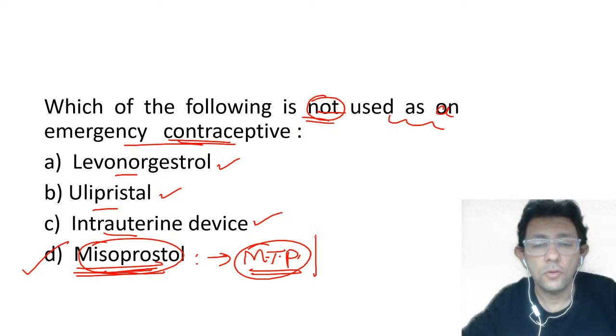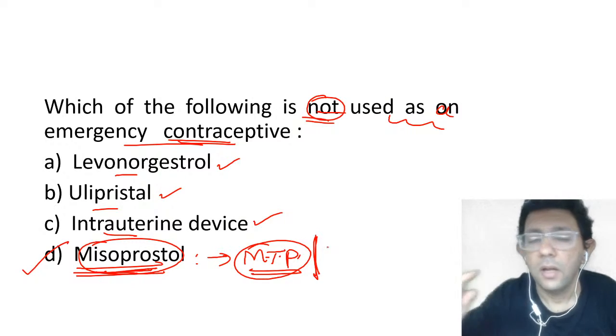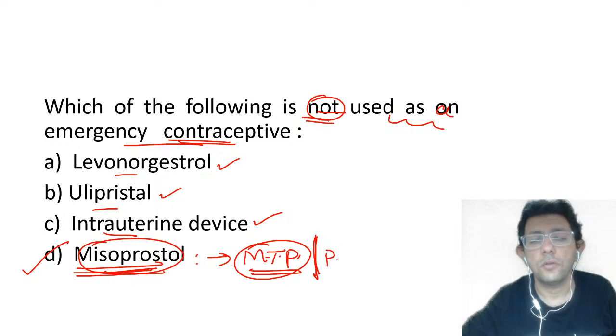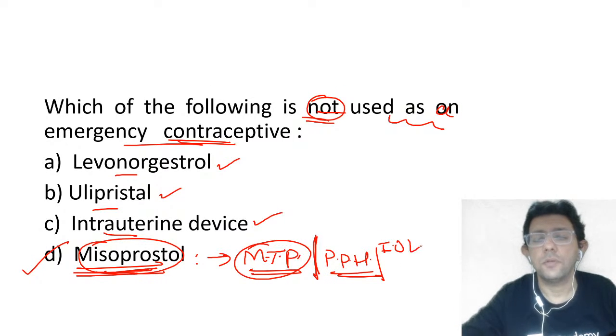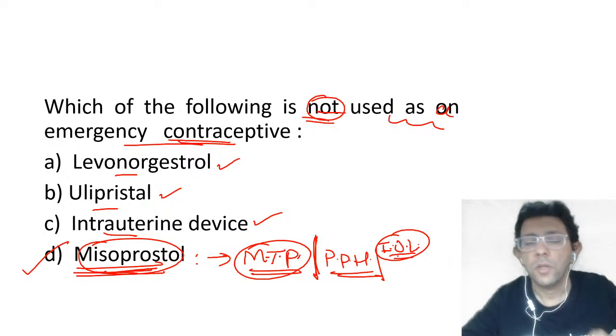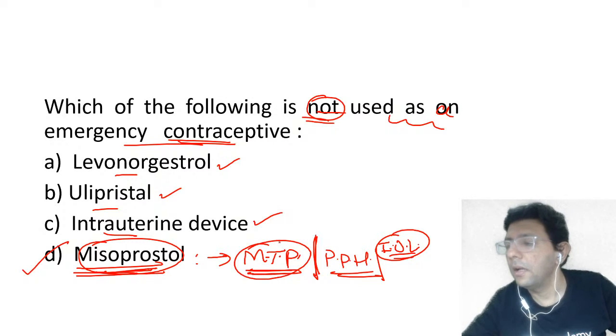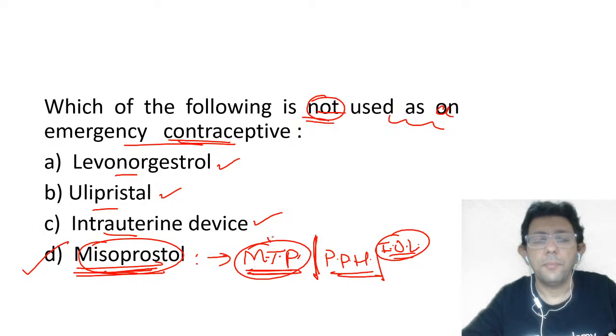Any other use of misoprostol? It has a few more uses which you should know. It is one of the drugs available for management of postpartum hemorrhage, and misoprostol can also be used for IOL, induction of labor. Yes, very good, it is also for PPH. So misoprostol is mainly used for MTP, and that is not emergency contraception.